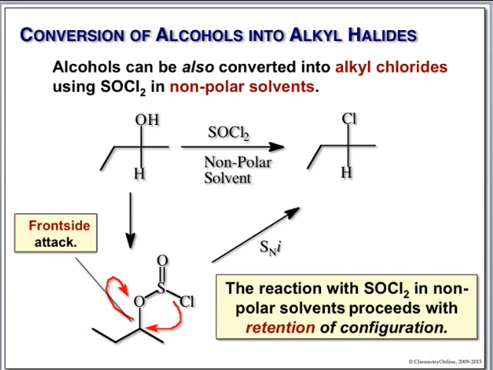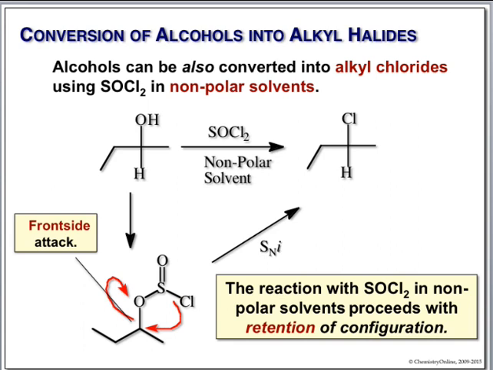So the cute thing here is that you can control the stereochemistry for conversion to an alkyl chloride simply by changing from pyridine to a nonpolar solvent, where we keep retention of our configuration.